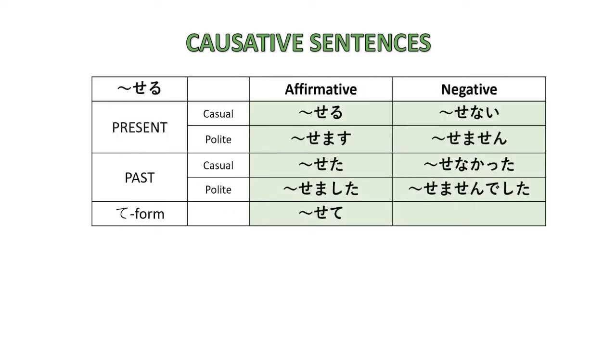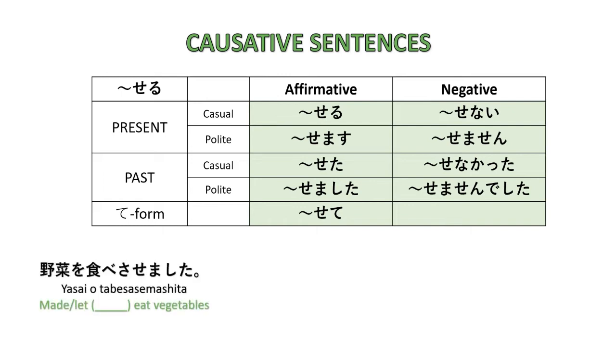Okay, so this is the conjugation for seru. Here we have seru, semasu, senai, semasen, seta, semashita, senakatta, semasen deshita. And its te form is sete. Example, yasai o tabesasemashita. So we have semashita here, polite past affirmative.